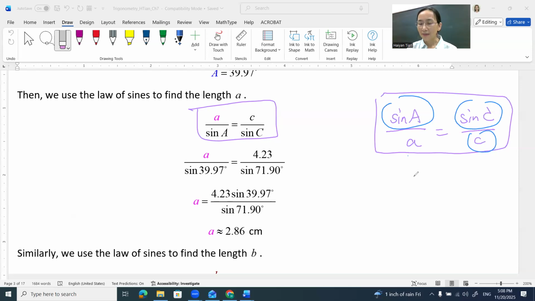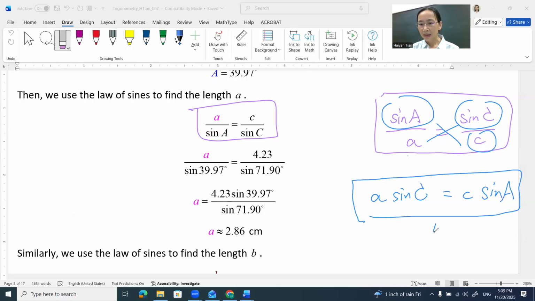So then you can write A, because we also know that when you have such a fraction, then A times sine capital C will be equal to small c times sine capital A. So we can write the equation as A sine capital C equals small c times sine capital A. And then we can continue to get A, because A is the quantity you are looking for.